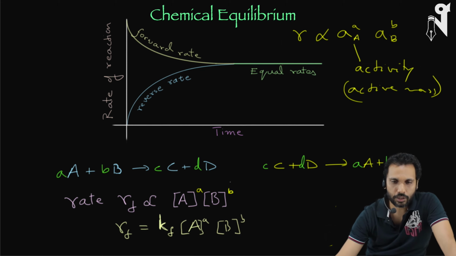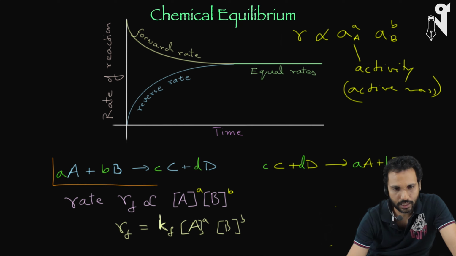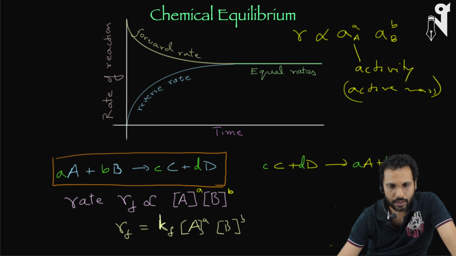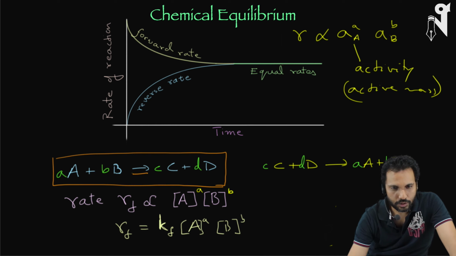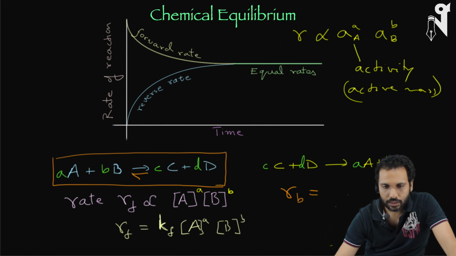Now, going by the same sense, if C and D had to react and give A and B, so here these are the reactants, what would be the rate? I'll call this rate backwards, even though the way it is written it is forward over here, but we know this is our original equation, and hence I'm calling this back formation as rate backwards. So the rate reverse, or rate backwards, is going to be proportional to the concentration of C and the concentration of D, but there are c times C over there.